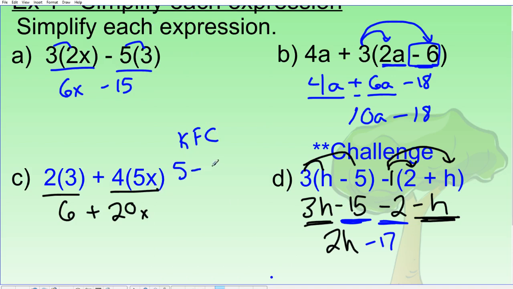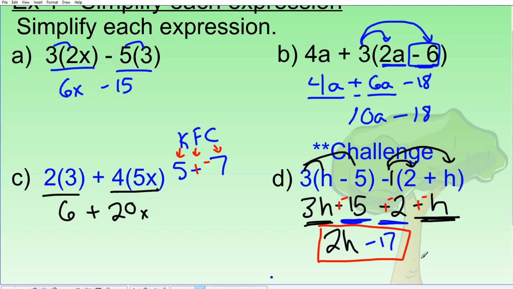If you have like 5 minus 7, you keep the first number the same, you flip the sign from minus to plus, and you change the sign of the second number. So 5 minus 7 turns into 5 plus negative 7. That works here too. So you can go, okay, that's plus a negative 15, plus a negative 2, plus a negative h. If you like to do that, you want to change your minus signs to plus a negative, by all means, do it, if that's helpful for you. Okay, now you can see it's negative 15 plus negative 2, and that's 3h plus negative h. You get the same answer that we got here.